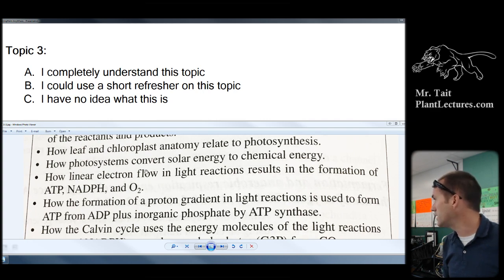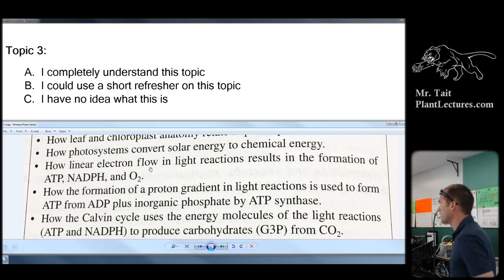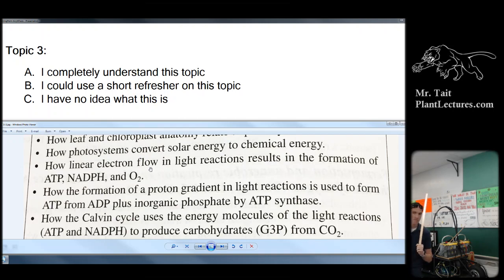Topic 3, which is how photosystems convert solar energy to chemical energy. Definitely need a refresher.